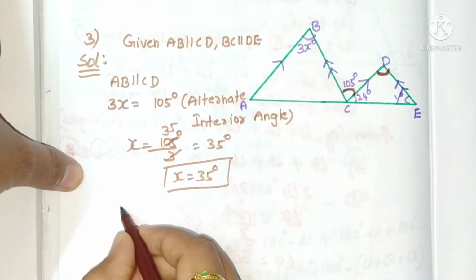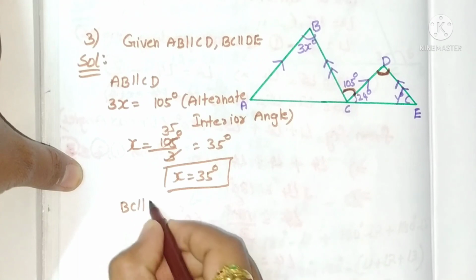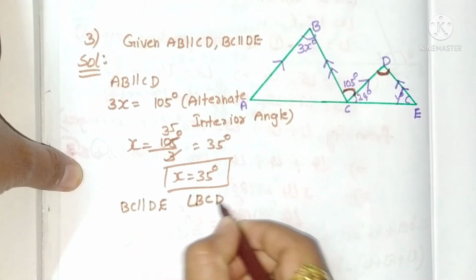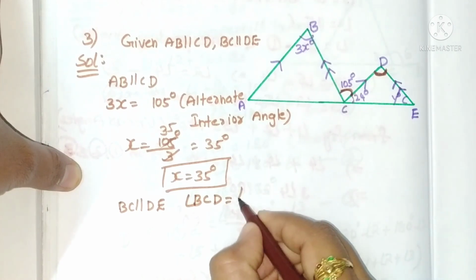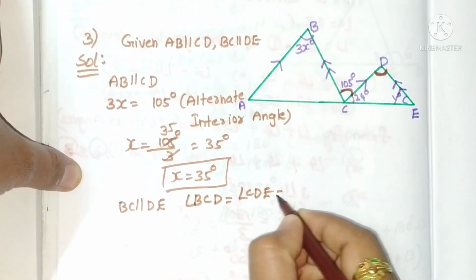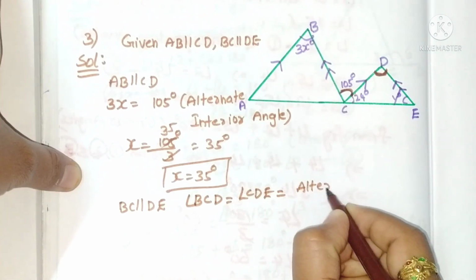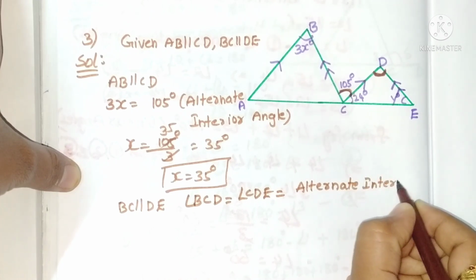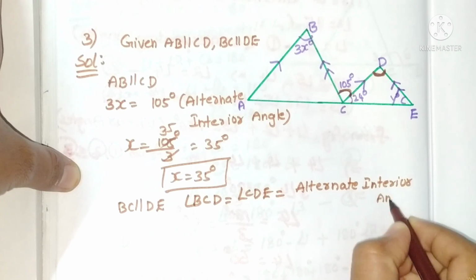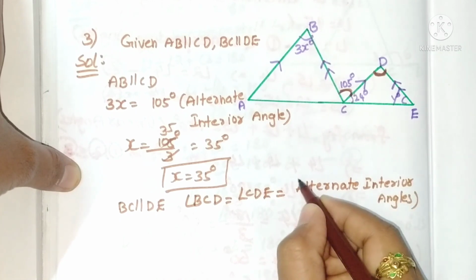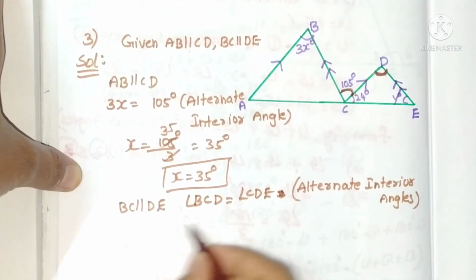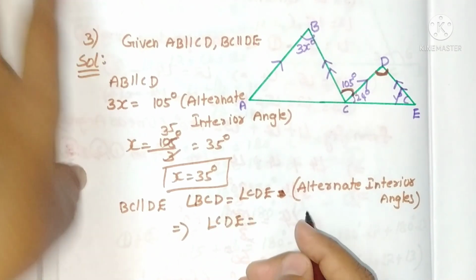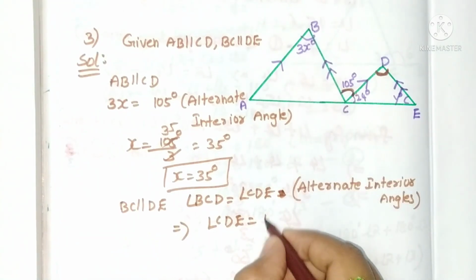So now we consider BC parallel to DE, and angle BCD equals angle CDE. Here also, the reason is alternate interior angles. So these two are equal. So angle CDE equals angle BCD, which is 105 degrees.